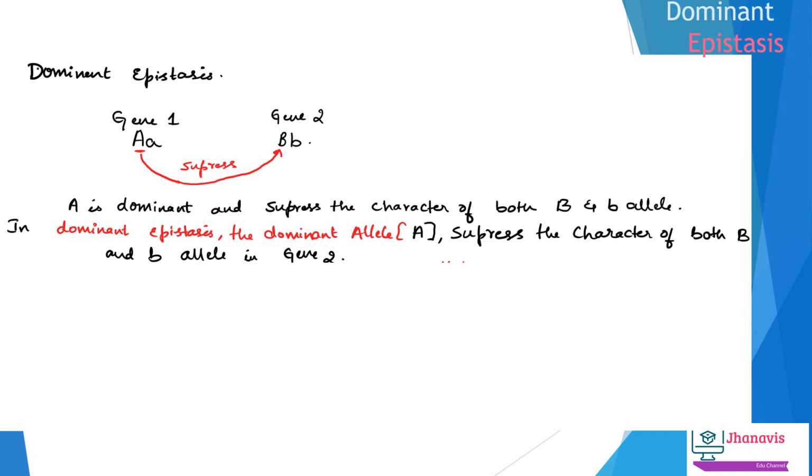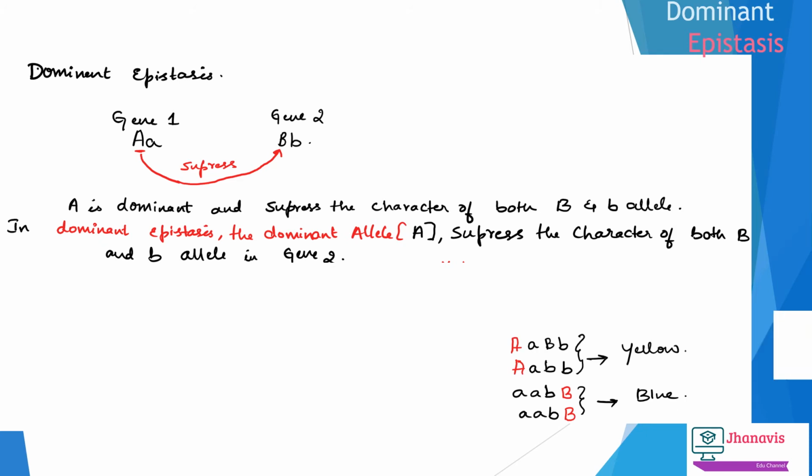Let me make myself clear. The gene 1 is responsible for a yellow color pigmentation and gene 2 is responsible for the blue color pigmentation.